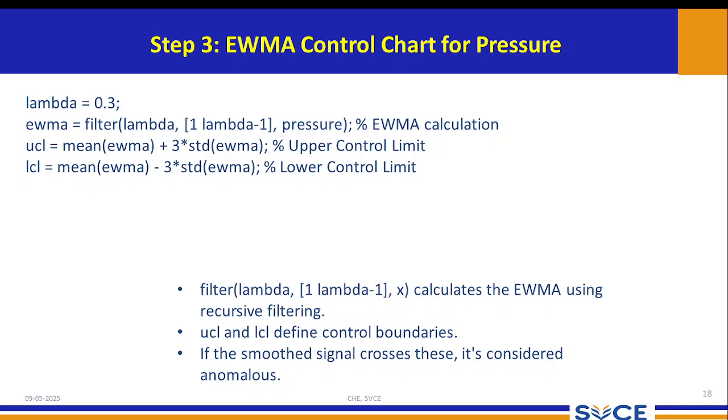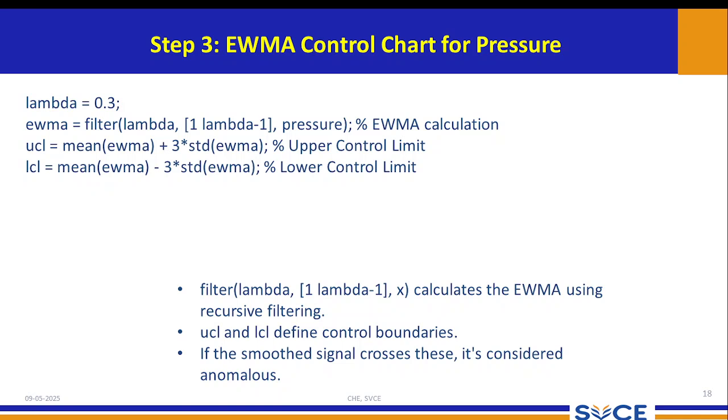Next is EWMA, the exponentially weighted moving average, in which lambda is equal to 0.3. EWMA is a filter. By using the filter we adjust lambda for pressure. We are just giving an upper control limit and lower control limit for the control chart.